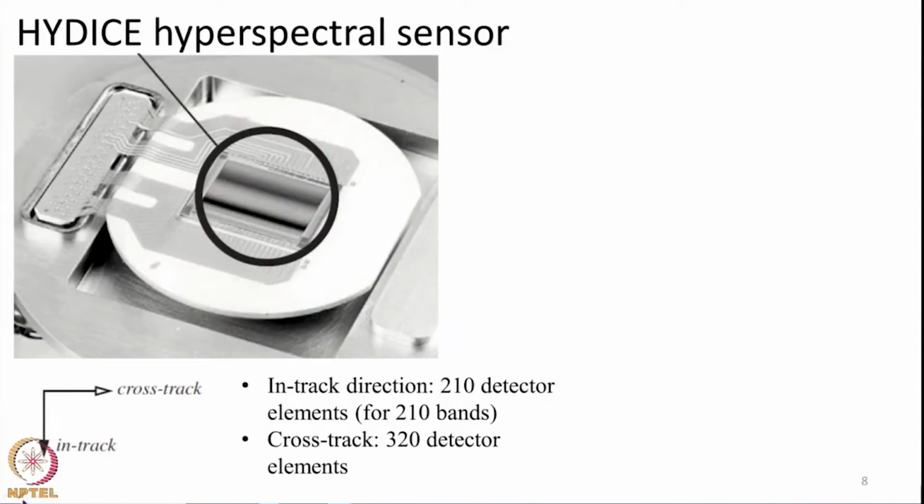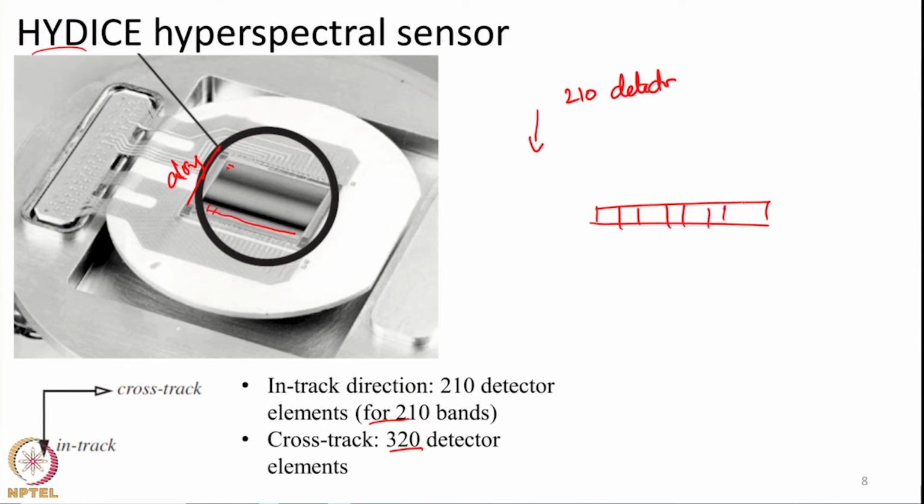Now this slide shows an example of a hyperspectral sensor where in the along track direction there are 210 detector elements. Along track is like this. In the across track we have 320 detector elements, that is, each band has 320 detectors.